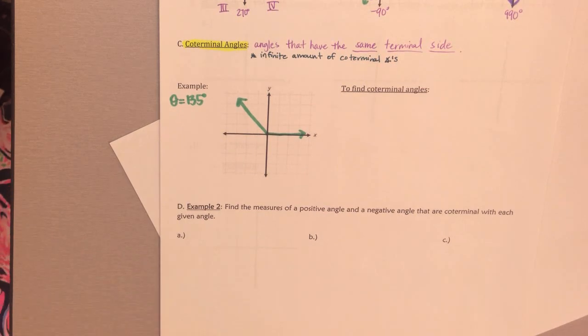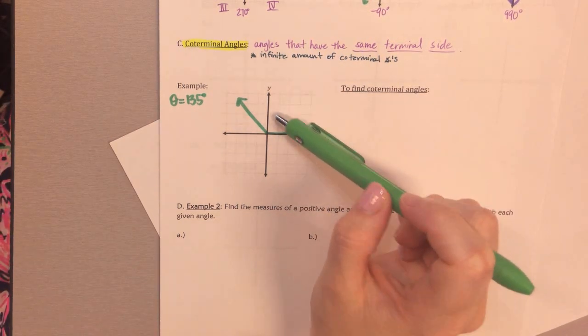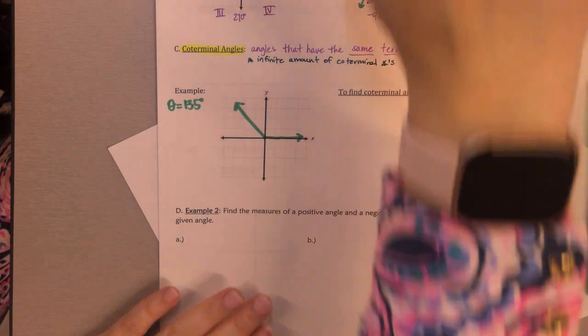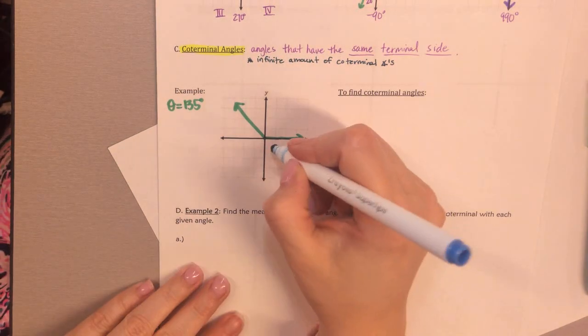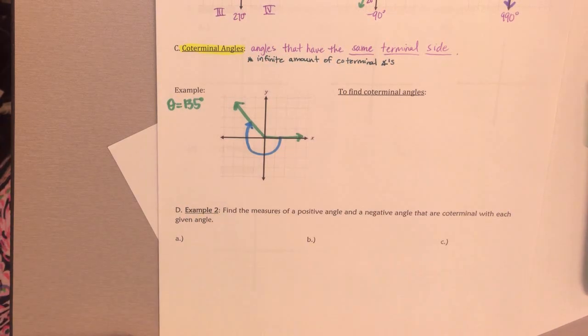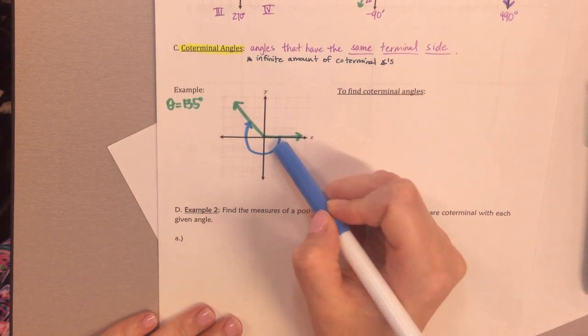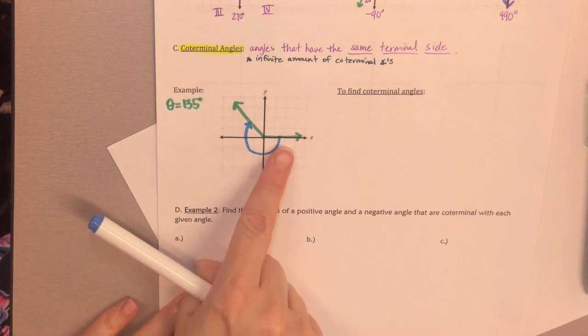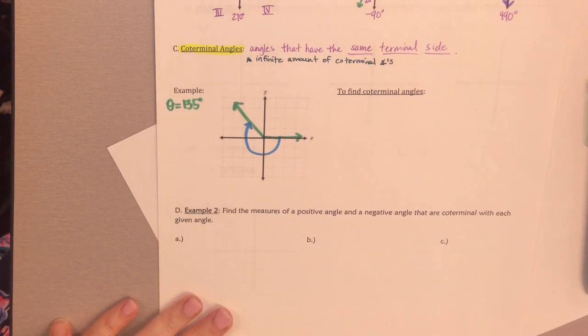Now, if you were trying to find a coterminal angle and this was 135 degrees, you could also go counterclockwise, and this angle would be coterminal. Do you guys know what that angle would be if you start here and end up there?